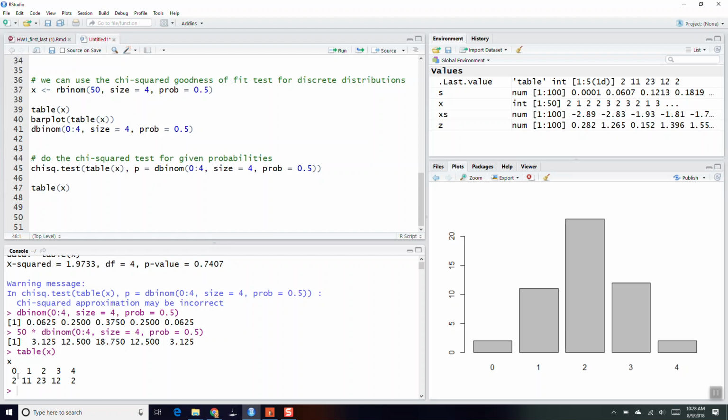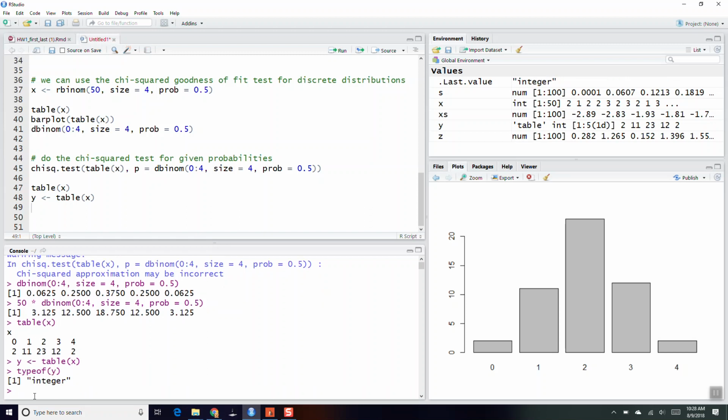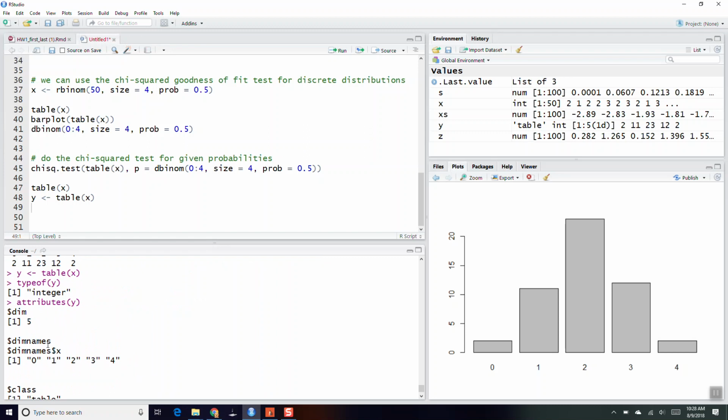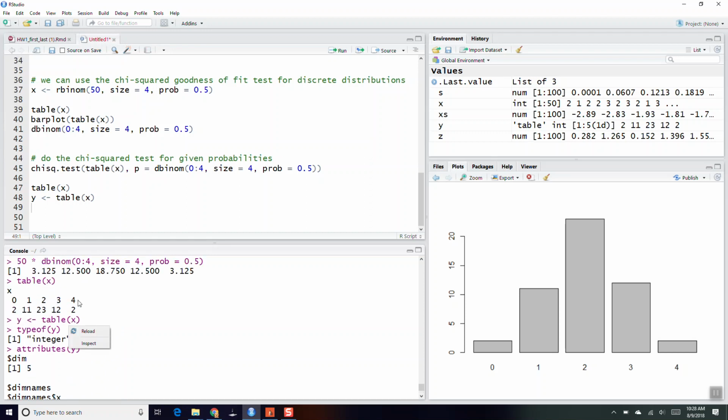So basically, I'm going to take y to be table x. Well, what is the output of a table anyway? The type of y is integer, and if we look at the attributes of y, it's an integer vector, but it comes with dimension names, and that's what tells it to print out this way.